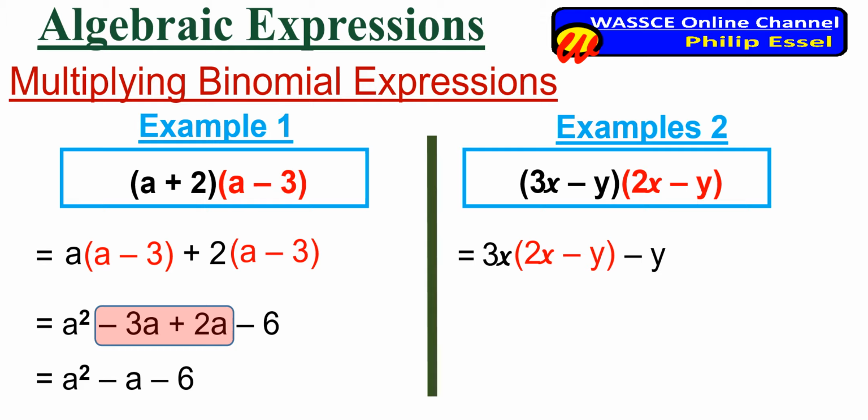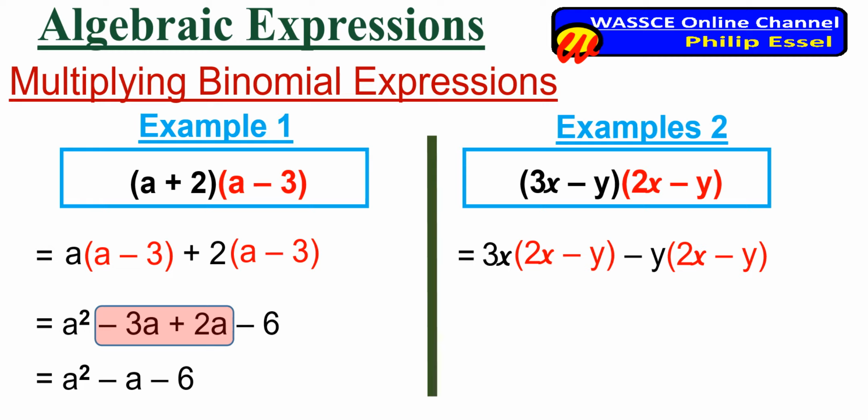So let's quickly do that. At this point, we have a new expression, that is 3x all into bracket 2x minus y bracket closed, minus y, then we have bracket 2x minus y bracket closed.